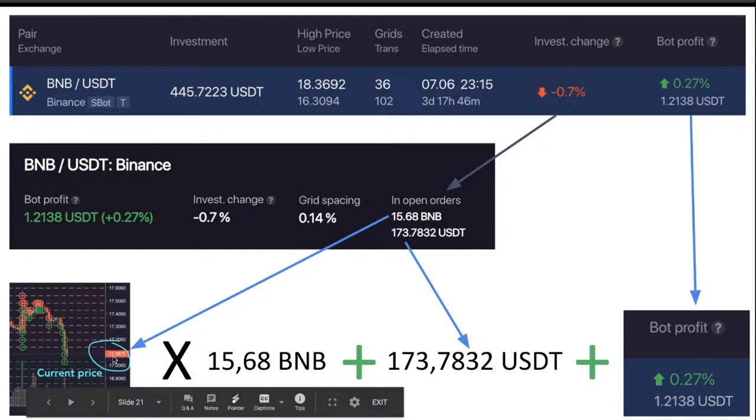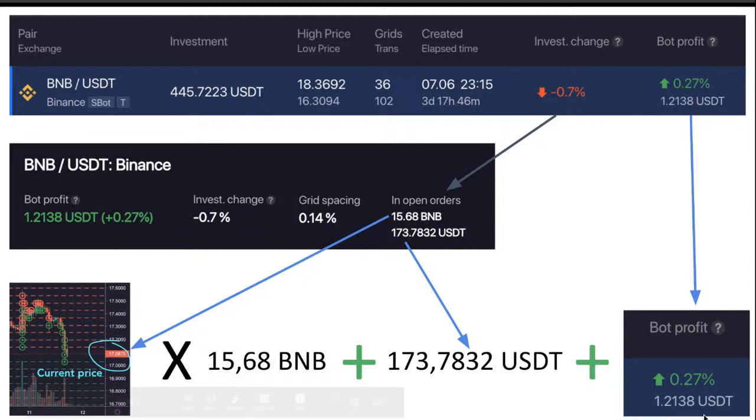By making a sum of the base currency with the quote currency, you will get your current investment value. So here, I have BNB, all right? That's 15.68 BNB currently in my sell orders. And I see that my current price is 17.08. So by multiplying my current amount of BNB allocated in this bot by the current price, adding USDT, which is allocated to my current buy limit orders, and adding my bot profit, I get the investment value.